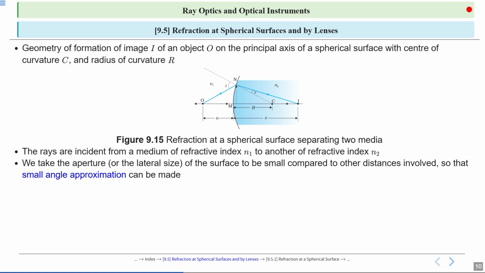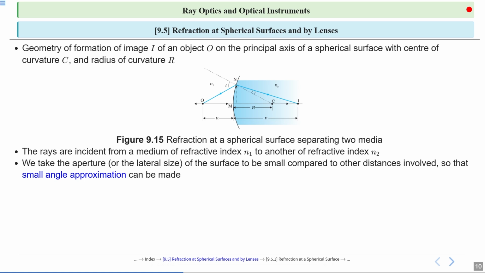So we take the aperture of the surface to be small compared to other distances involved so that small angle approximation can be made. So we have assumed that the angles made by this incident ray and refracted ray with the principal axis, and the angle of incidence and angle of refraction, and also the angle made by this normal with the principal axis, are small angles. Why?